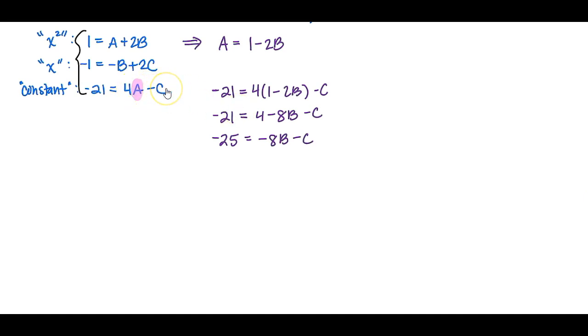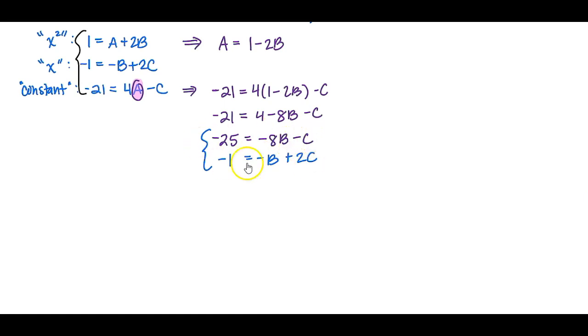So that's my new bottom equation, right, after that substitution was made right there. And so now I'm going to go ahead and use that middle equation, and I'm going to put -1 equals -b plus 2c. So this is my little smaller system of equations now that just involves b and c.